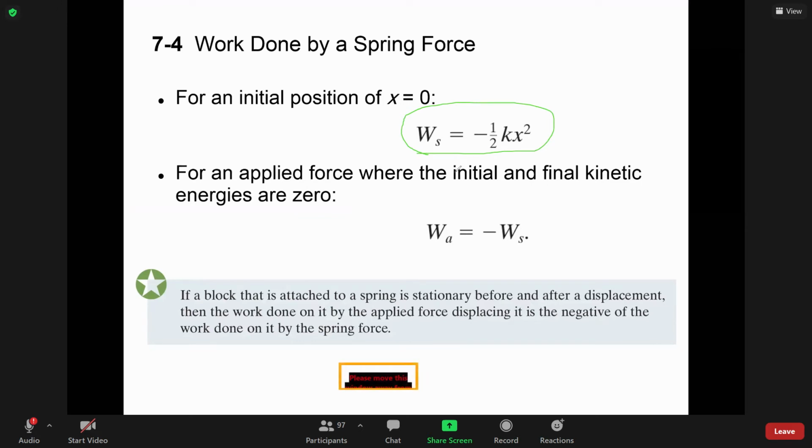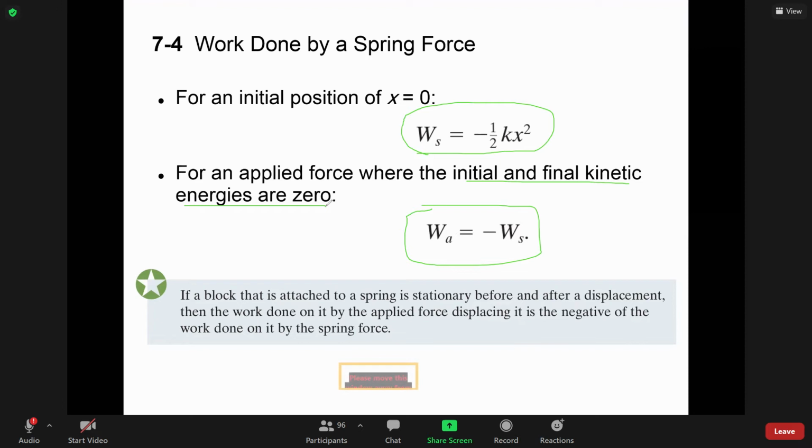My hand is different than gravity. So we notice if the work done by the spring is negative, the work done by my hand has to be what? Positive, opposite direction, opposite value. If it was minus 10 joules, the work done by the spring, the work done by my hand is positive 10 joules, in case the initial and final kinetic energies are 0.